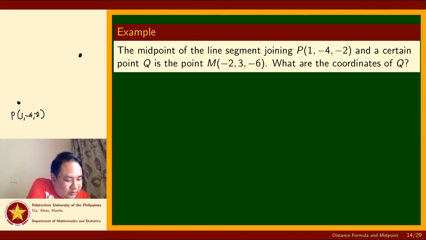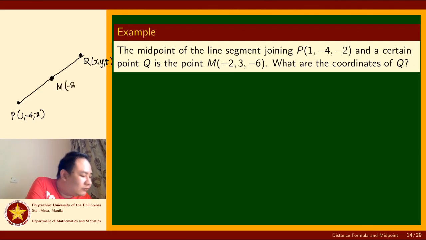And it is connected to some point Q with unknown coordinates. Let's call this X, Y, Z. Now the midpoint between P and Q must be M with coordinates negative 2, 3, negative 6.